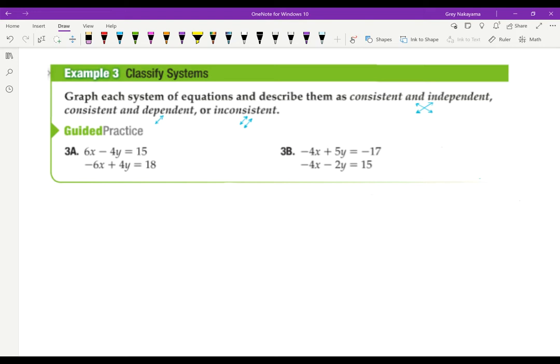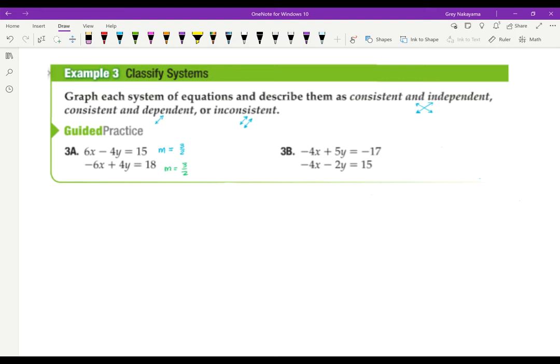So when I am looking at this, again, standard form, 6 and 4 don't go into 15, so I'm going to go find the slope, and that's negative a over b, so that's going to be 3/2. And you can go do the next one. That slope is negative a over b, which is 3/2 again. So we have the same slope, which means it's not going to be this guy here. It's going to be one of these two.